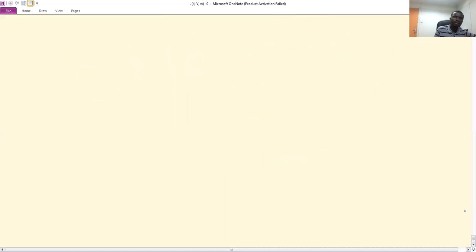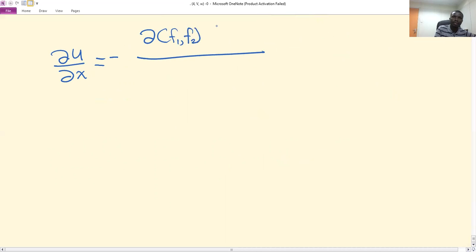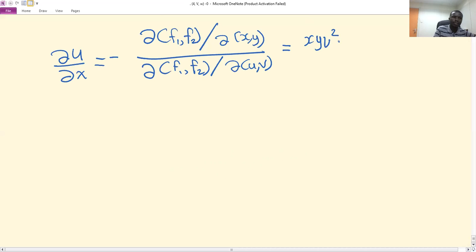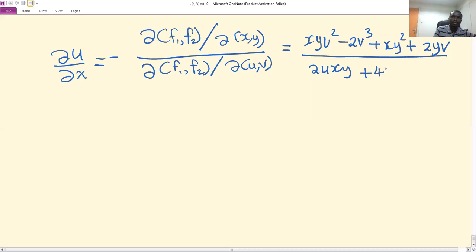Now, by definition, partial u, partial x is negative the Jacobian of f1, f2 with respect to x, v divided by the Jacobian of f1, f2 with respect to u, v, and this will be xyv squared minus 2v cubed plus xy squared plus 2yv, divided by 2uxy plus 4uv minus 2xuv.